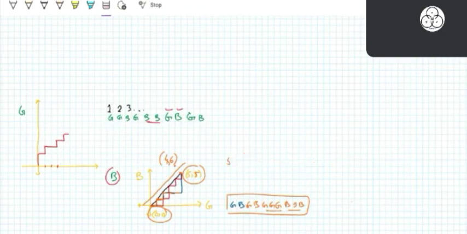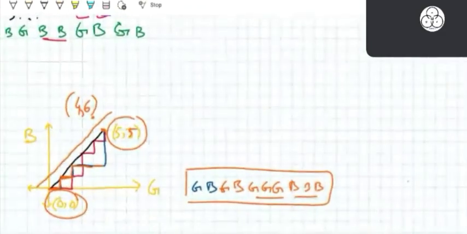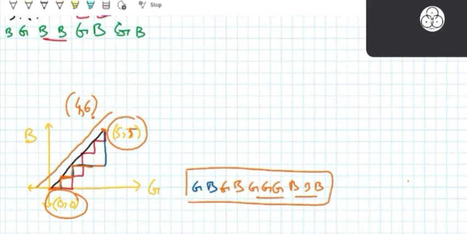The number of arrangements of boys and girls would be the number of paths from 0, 0 to 5, 5 which are not crossing the diagonal.